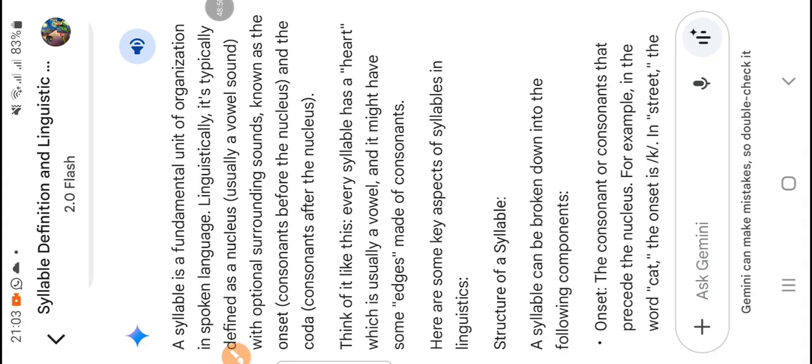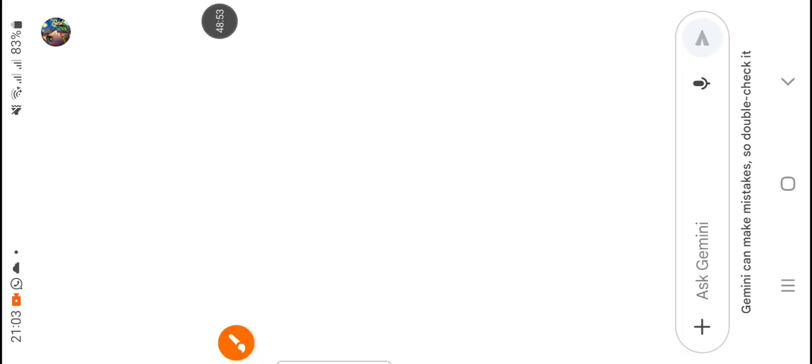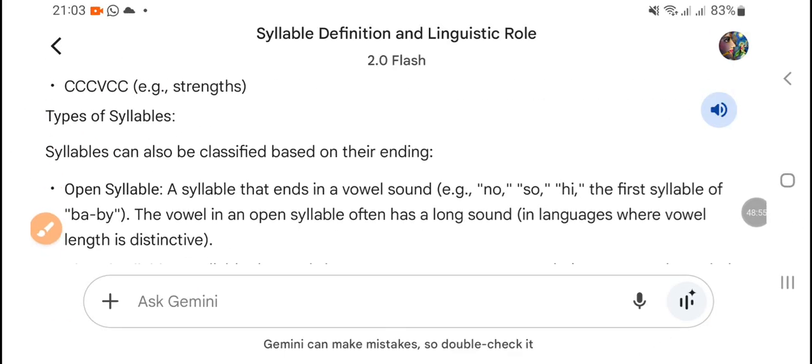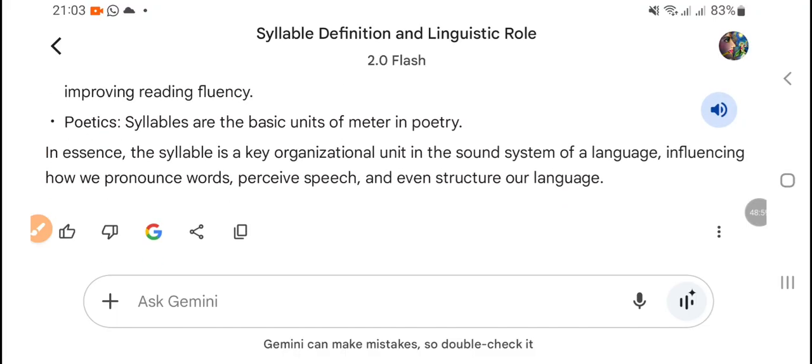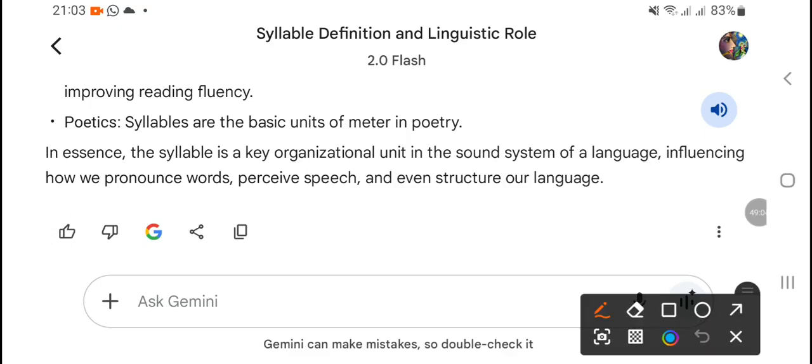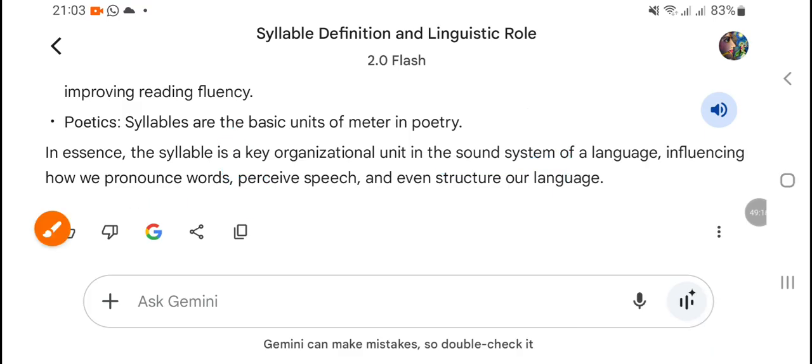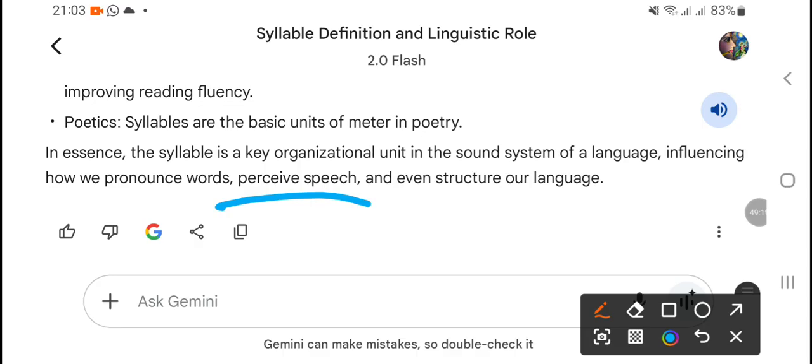The syllable is a key organizational unit in the sound system of a language, influencing how we pronounce words, how we perceive speech, how we understand speech, and even how we structure our language and make good sentences, right?